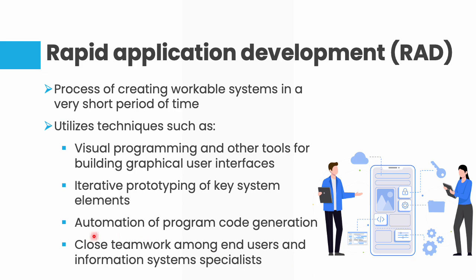And the last technique is called close teamwork among end users and information system specialists. In RAD, end users and the development team work together very closely, and the users give constant feedback and developers make changes immediately.